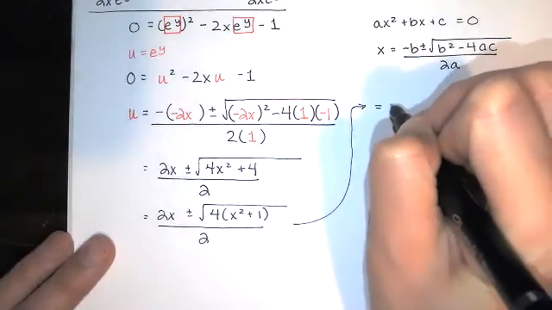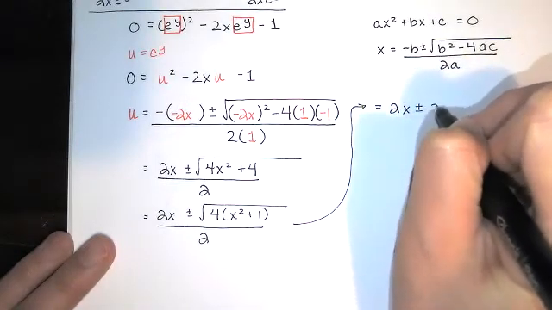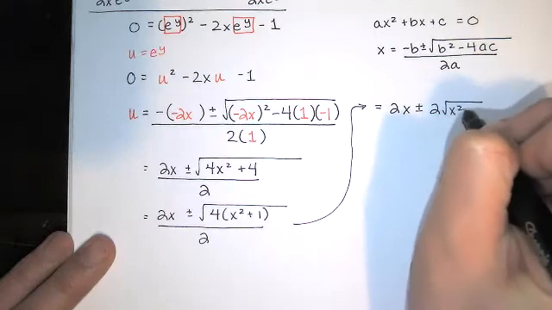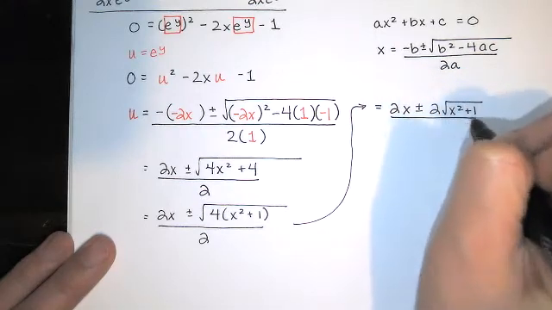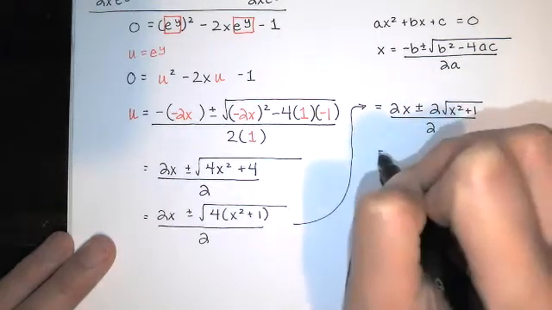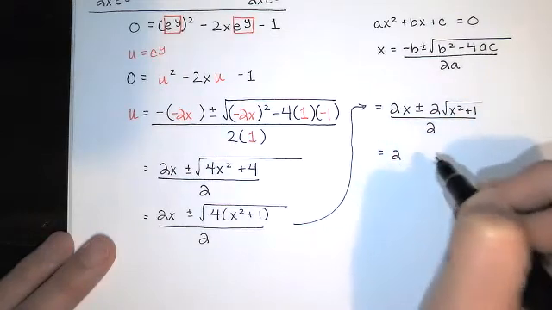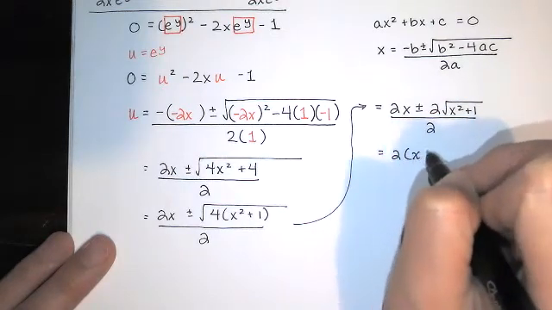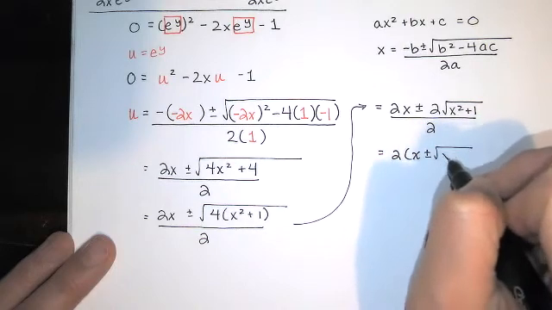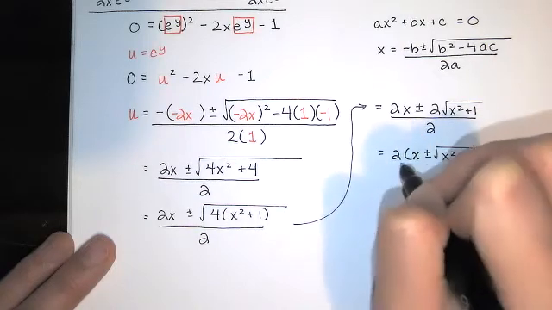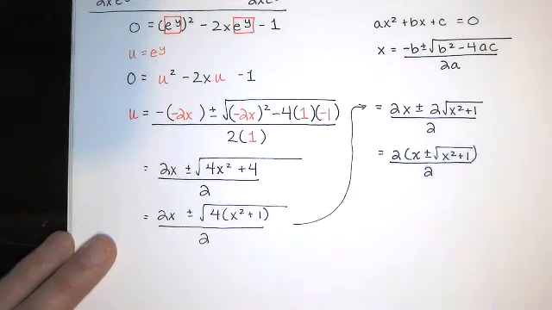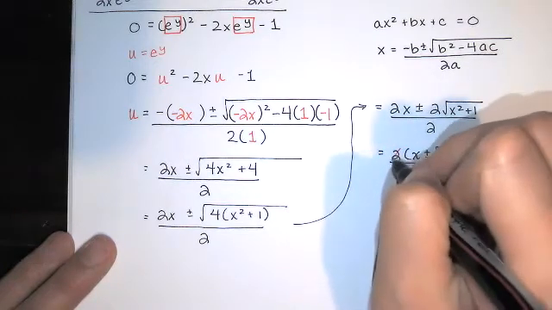So I've got u equals 2x plus or minus 2 times the square root of x squared plus 1, all divided by 2. And if you want, you can factor out a 2. Those 2's reduce.